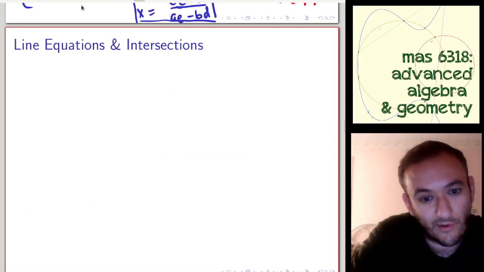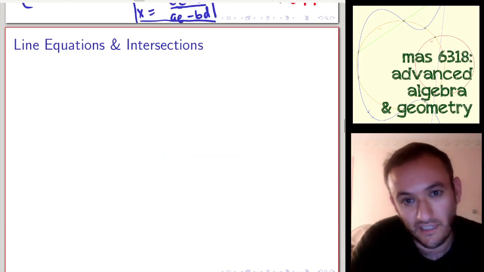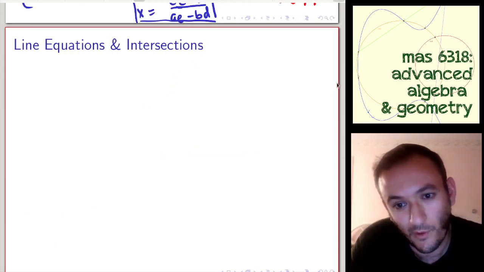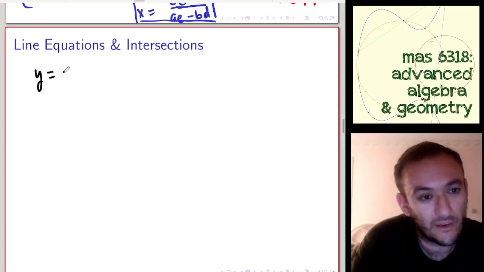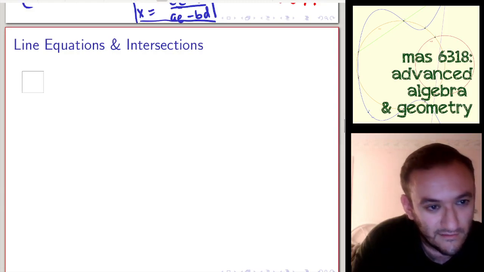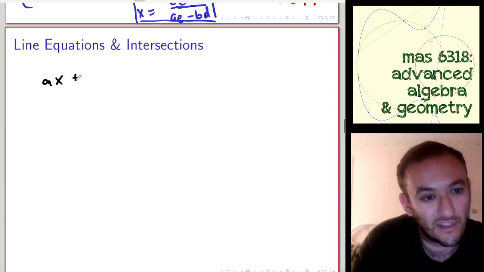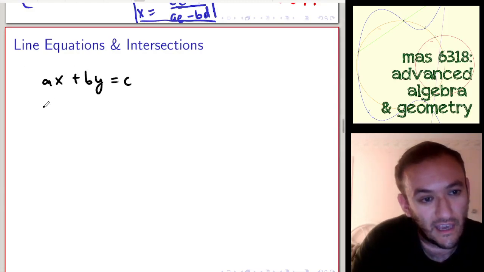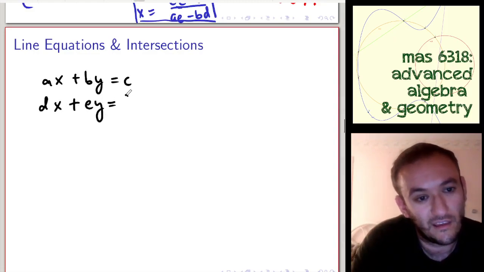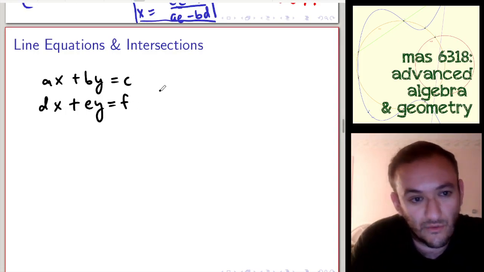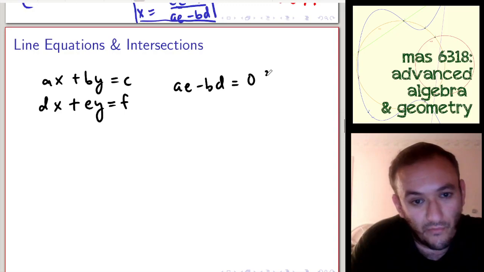So now we should consider what happens if ae minus bd is 0. I told you I would talk about it. So if we have ax plus by equals c, and dx plus ey equals f, what's the situation where ae minus bd equals 0?